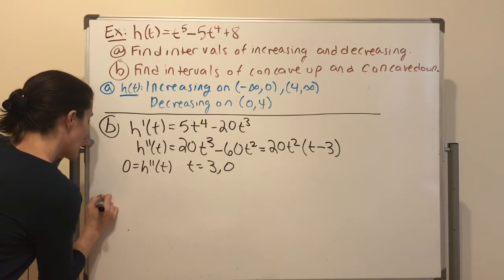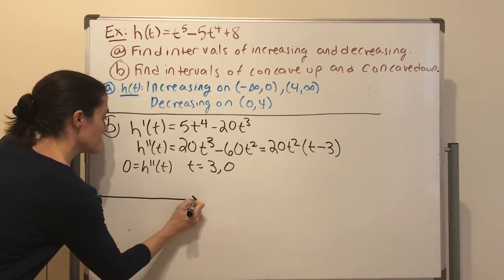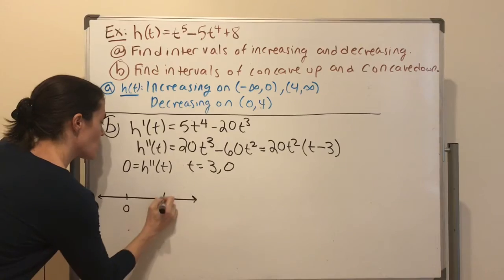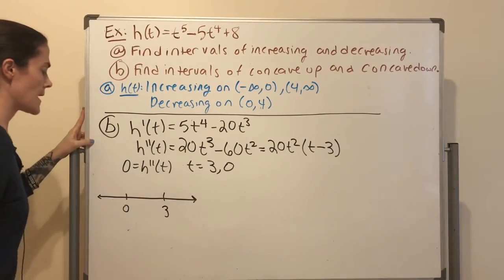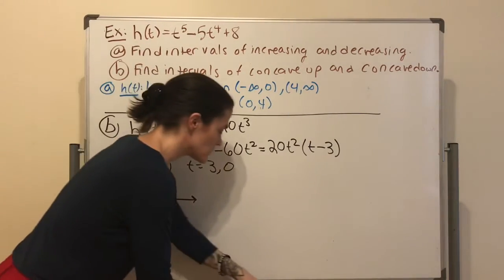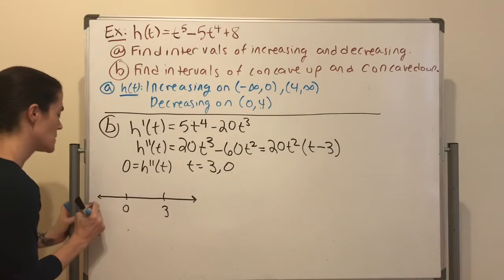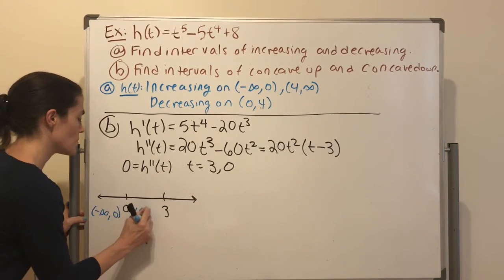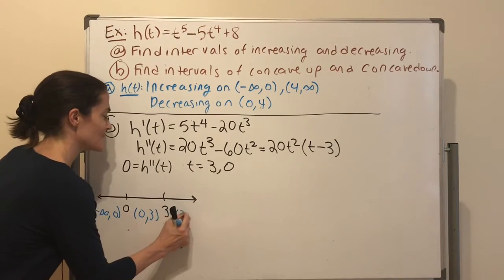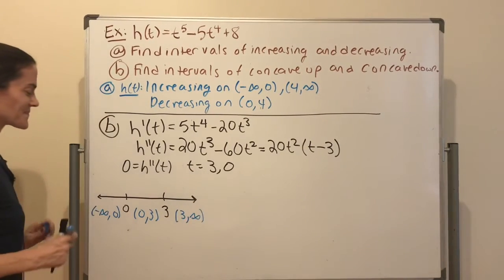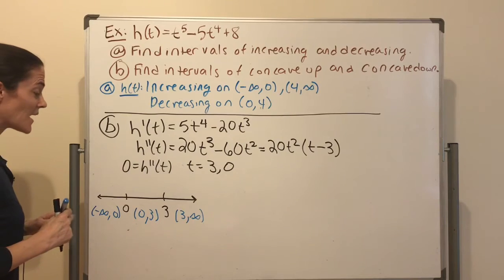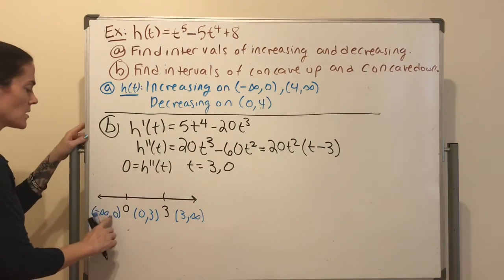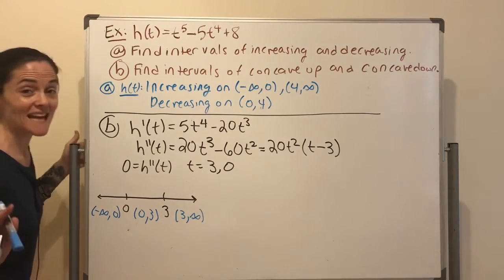Okay, so now 0, 3, okay? My intervals would be minus infinity to 0, 0 to 3, 3 to infinity. And now let's check, okay? We need to check, what are we checking?